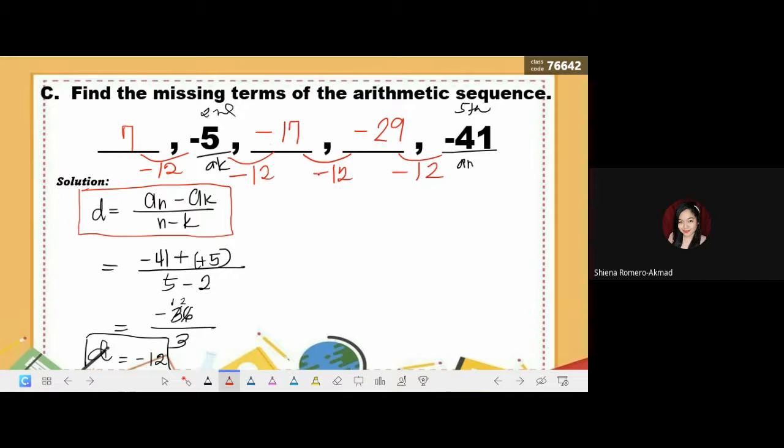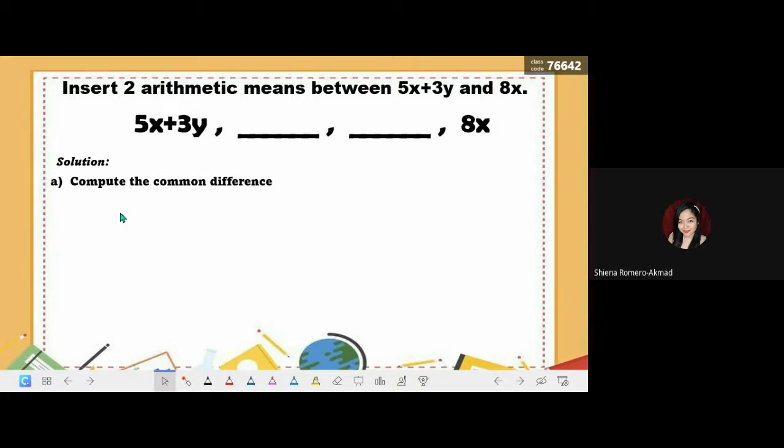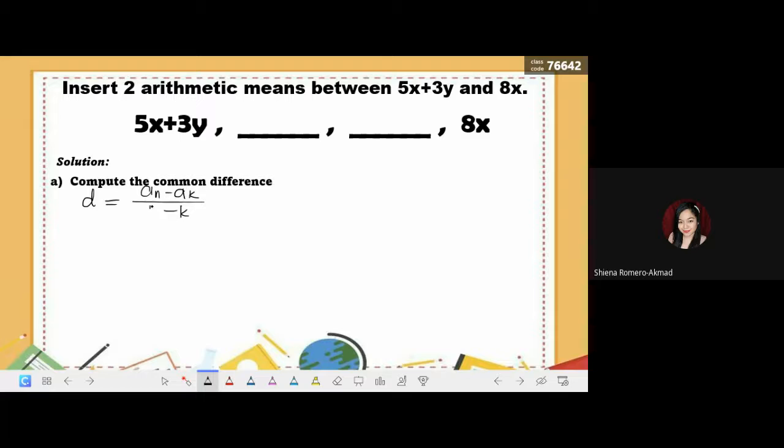Okay? Now, gamitin natin yung parehong formula dito sa kabila. Okay? Pag ginamit yung parehong formula dito, explain ko siya isa-isa bago kayo mag-proceed dyan. Remember, the difference is equal to E sub n minus E sub k divided by n minus k. Whereas yung E sub n natin ay yung 8x.